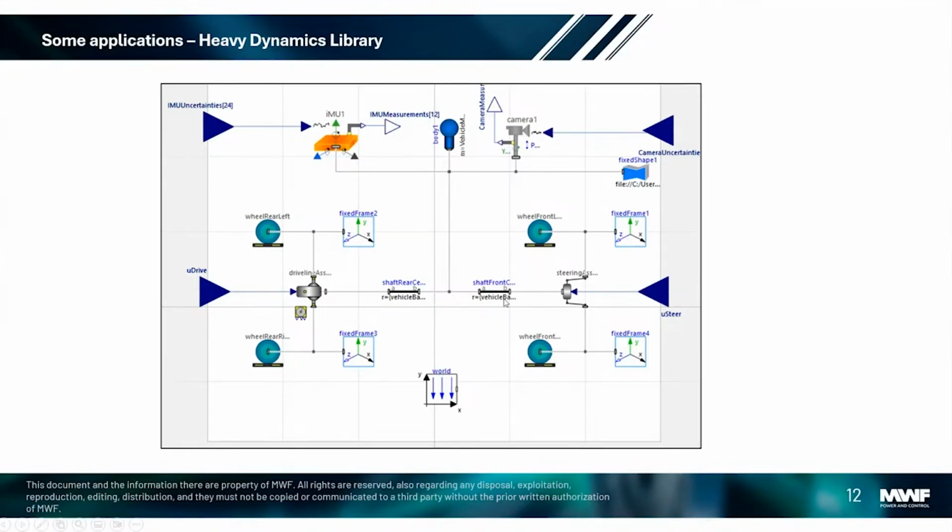So this is how it looks like. This is a very simple multi-body model with contact with the ground. So the vehicle is completely free. There is no joint defining its relative movement to the inertial frame.